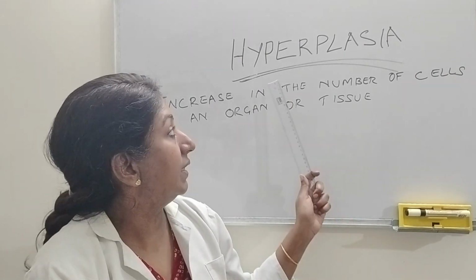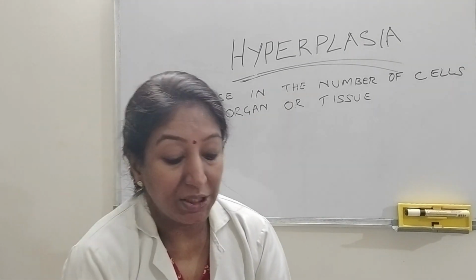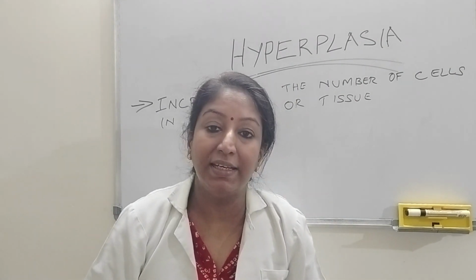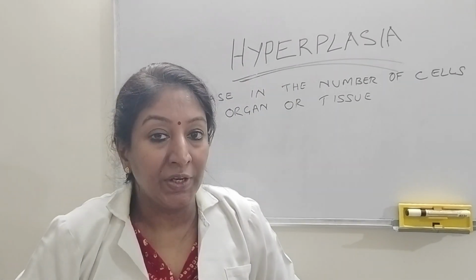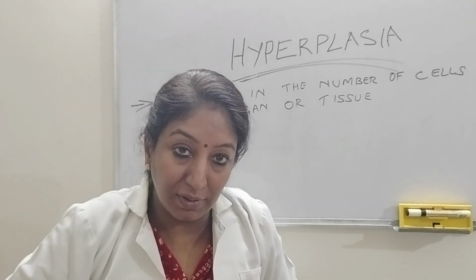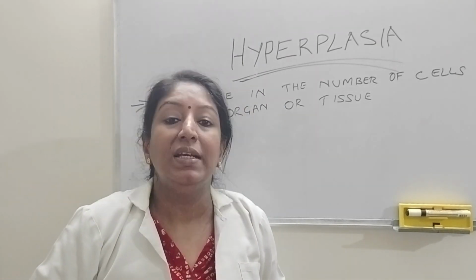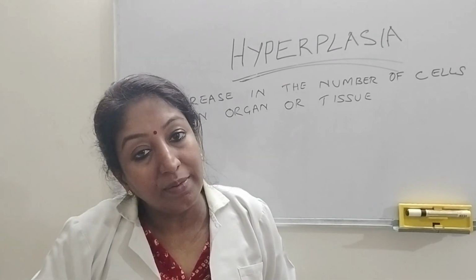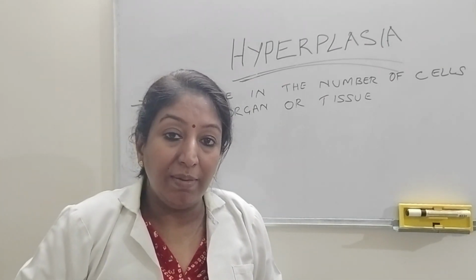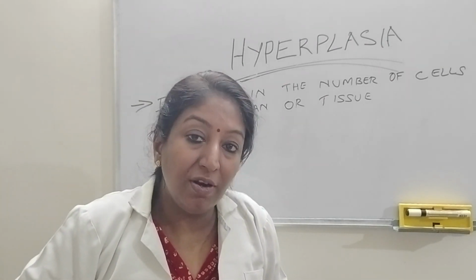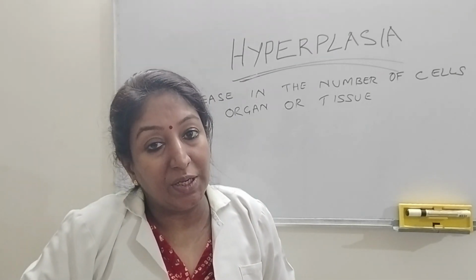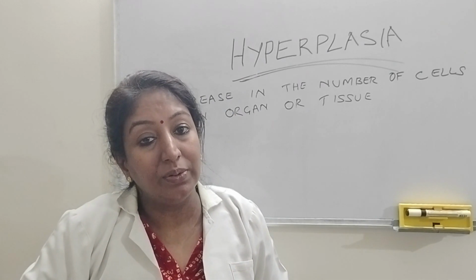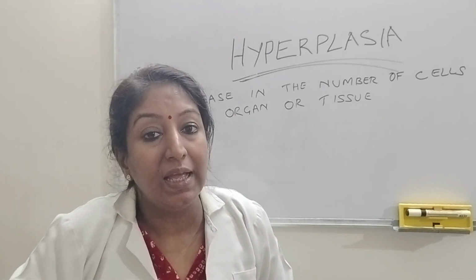I will repeat once again. Hyperplasia is the increase in the number of cells of an organ or a tissue. This increase in the number of cells can be due to increased rate of cell division or proliferation. It can be physiological or pathological. Physiological is the change in the breast tissue during pregnancy.